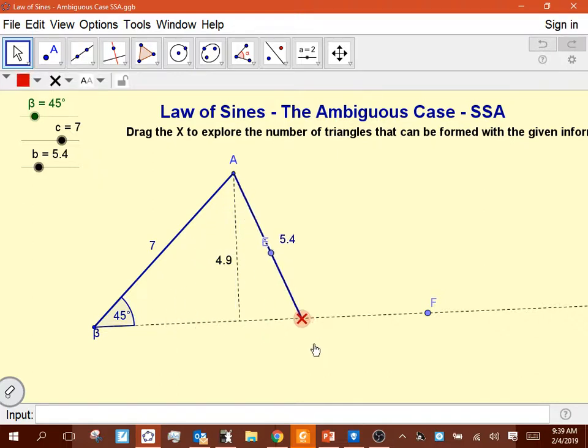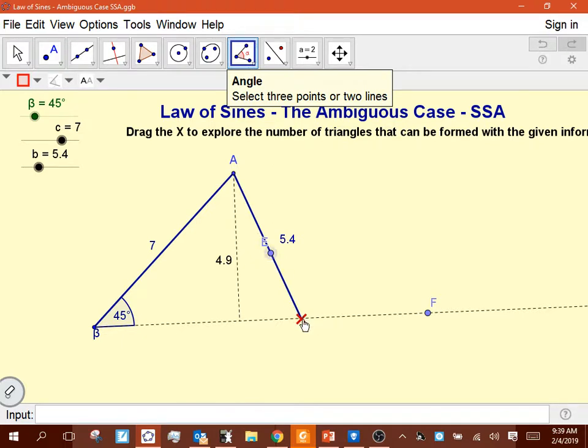All right, so if that's the one triangle, I'm going to look at that angle there. That's 66.9. That is the angle that we're going to find with that information up there using the law of sines right away. Okay? So 66.9.